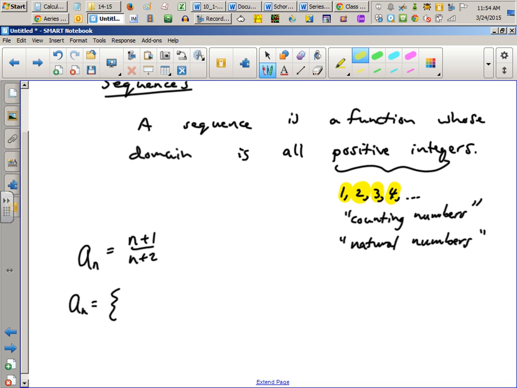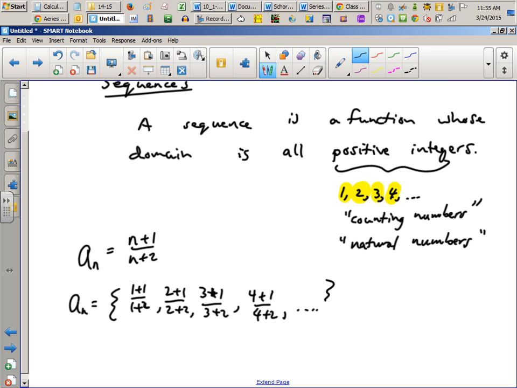Only counting numbers, please. So if you plug in counting numbers, you would get 1 plus 1 over 1 plus 2, 2 plus 1 over 2 plus 2, 3 plus 1 over 3 plus 2, and so forth, 4 plus 1 over 4 plus 2, and you can do as many as you like, at least 3, I guess.